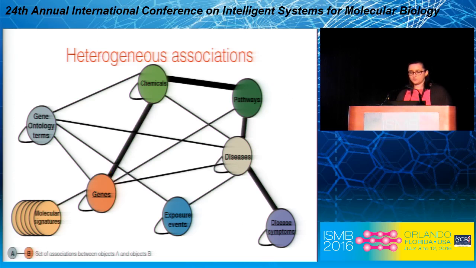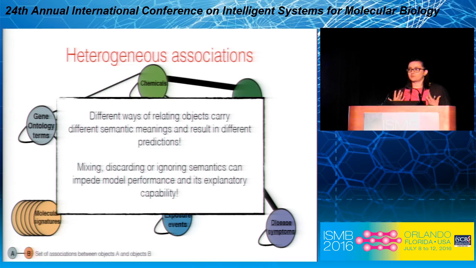Another way would be to first profile genes in the chemical space, then profile chemicals in the pathway space, then pathways in disease space, and then from this connect diseases to disease symptoms. And there are many more. So our primary observation is that different ways of relating objects in a fusion graph, such as the one shown here, carry different semantic meanings.